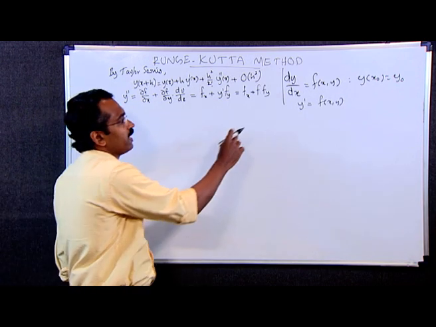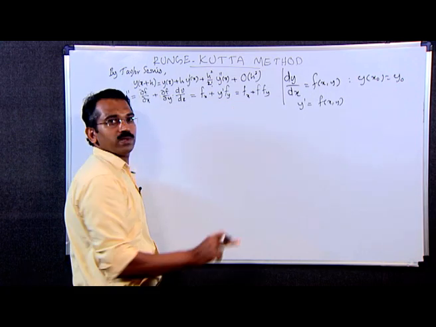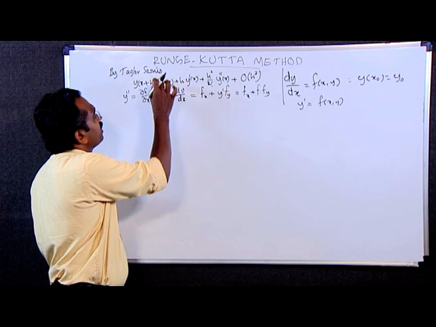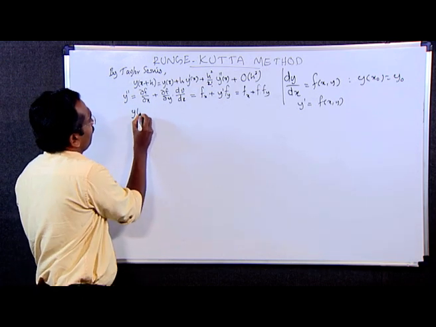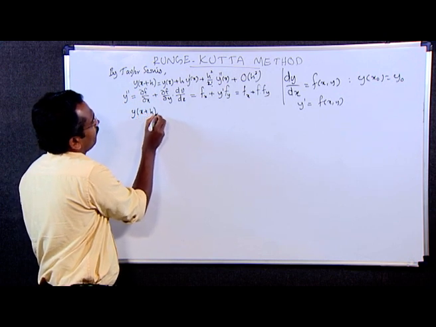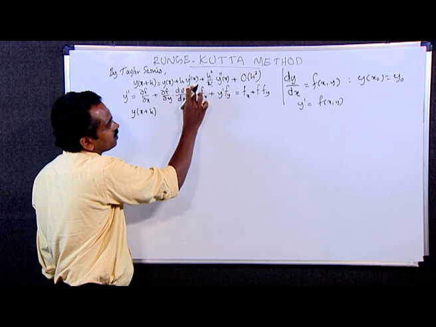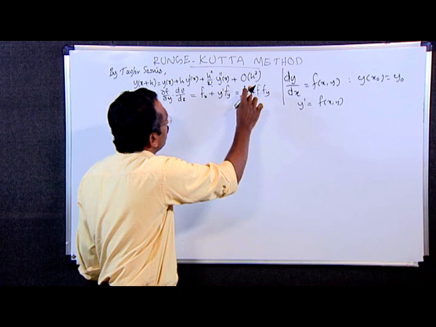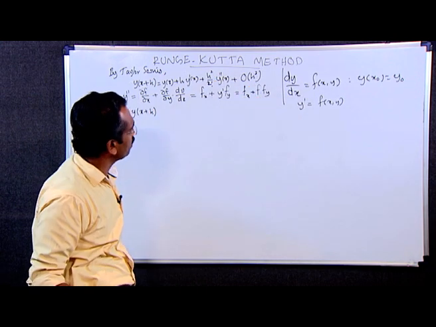Using the value of y dash and this y double dash, we can write this expression as y of x plus h is equal to y of x plus h into y dash of x. We use y dash of x is equal to f of x y, and y double dash of x is equal to f x plus f into f y here.